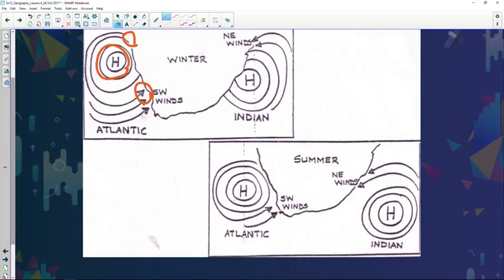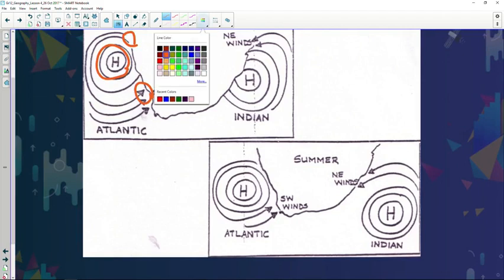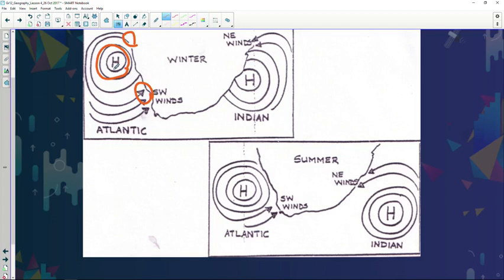Why do we experience the mid-latitude cyclones only during winter? The reason for it is because during the winter, as you can see, this high pressure system migrates north. So that gives the opportunity of mid-latitude cyclones affecting the Western Cape province.